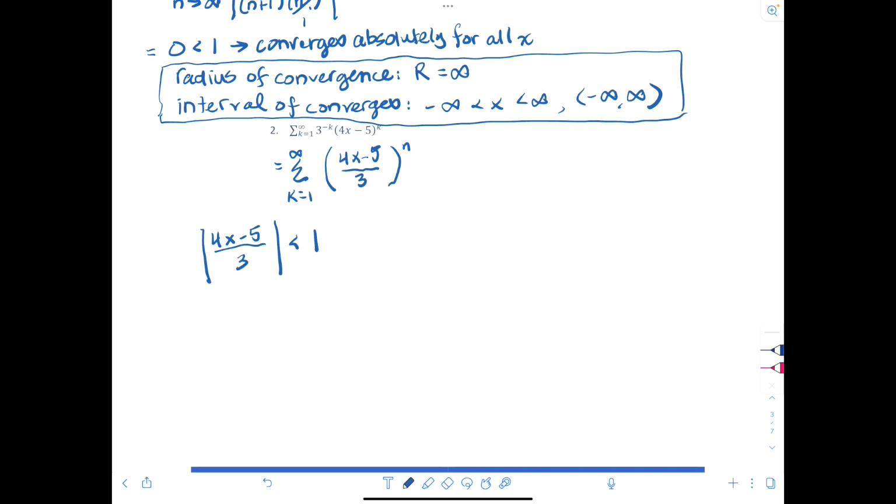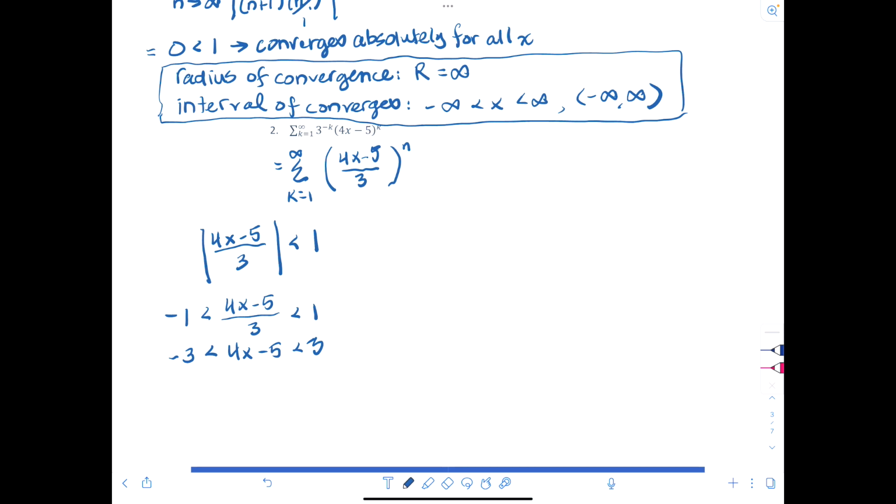So to take that absolute value off, we would have negative 1 less than 4x minus 5 over 3 less than 1. And then what will we have? Beautiful. Negative 3 less than 4x minus 5 less than 3.